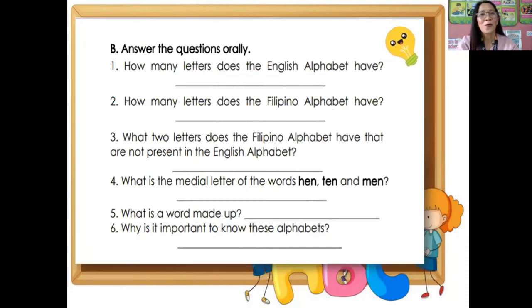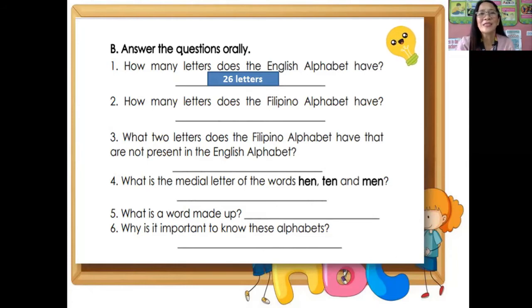Another questions to be answered, and this is oral answer. Let's do this together. Number 1, how many letters does the English alphabet have? It has 26 letters.